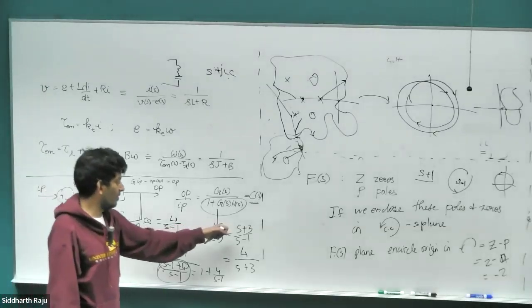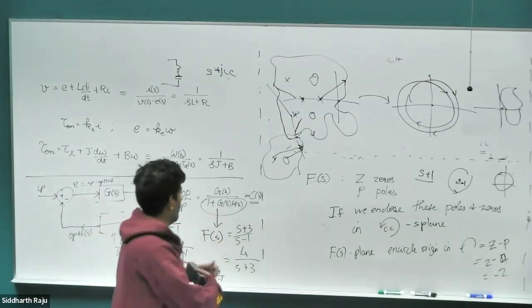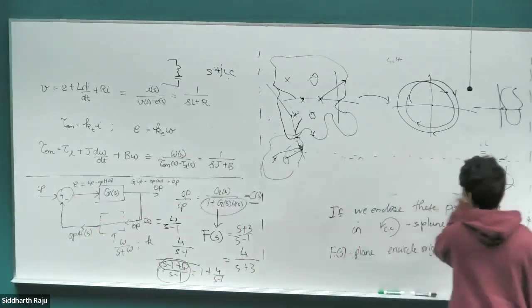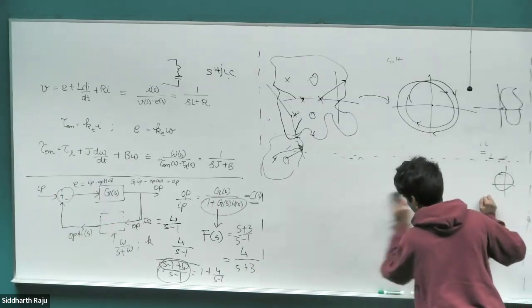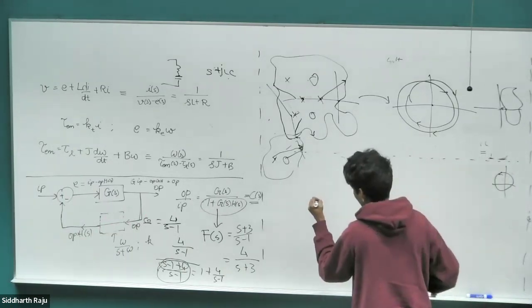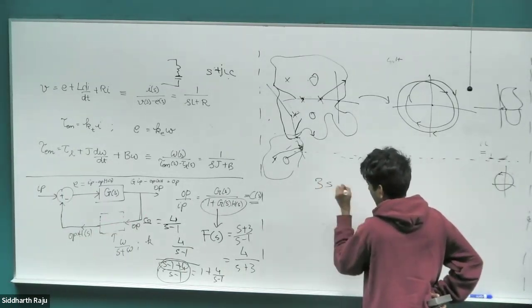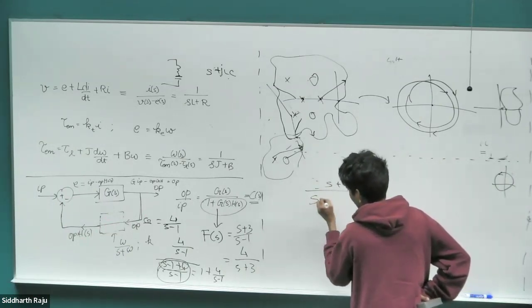Oh, the numerator term does not contribute to the stability. So let's say I have, let me pick some example that I can factor out.